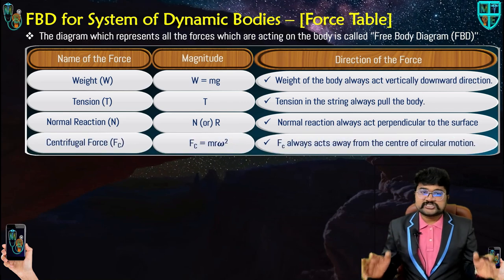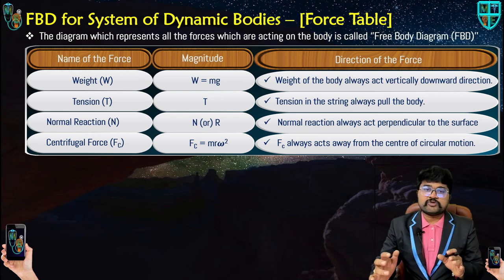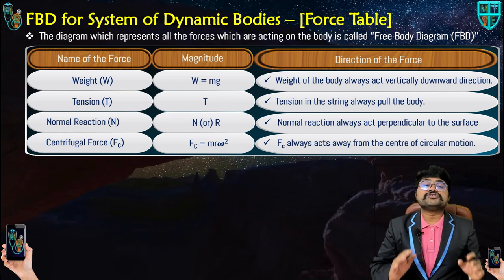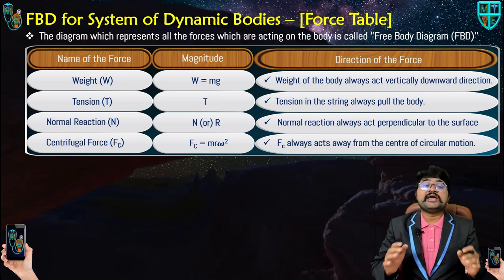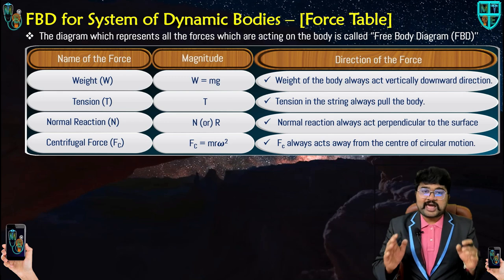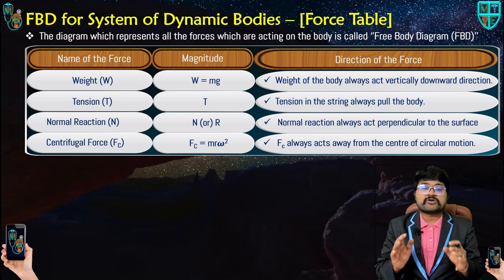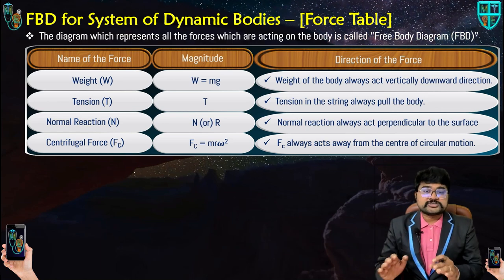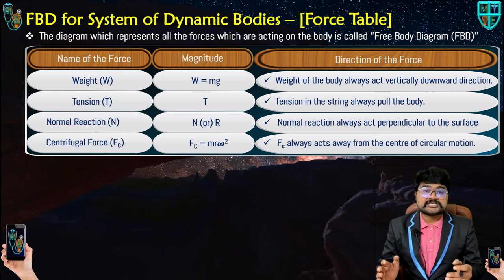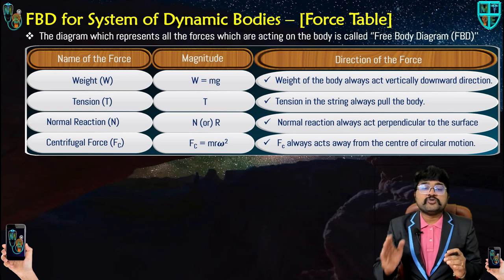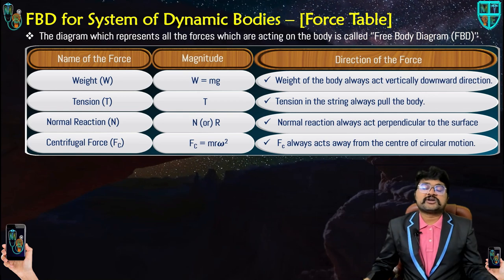And in this session, we will be focusing on centrifugal force. Centrifugal force always acts opposite to the direction of centripetal acceleration, that is radial acceleration. Radial acceleration always acts towards the center of the circular motion. That is why centrifugal force always acts away from the center of circular motion.